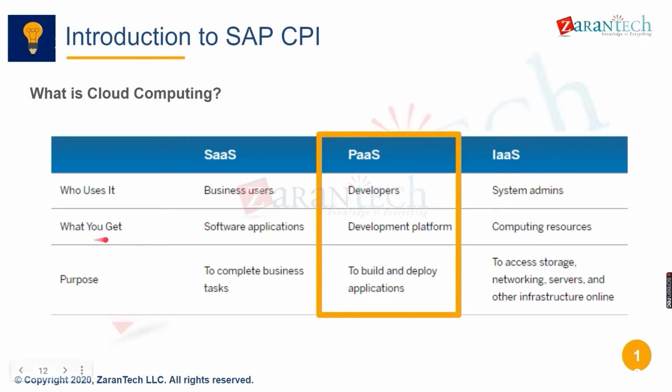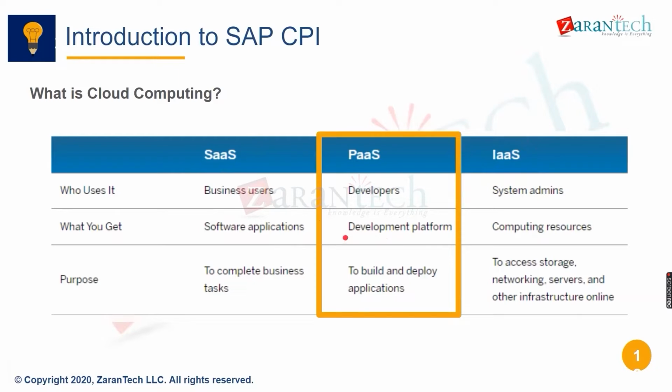Then, whenever you purchase any software as a service, you get a software application which is running on the cloud. It will not come to your system, you will not install it, because it's already created by someone and you are utilizing the service. That's why the software application comes under software as a service. Now, the development platform.